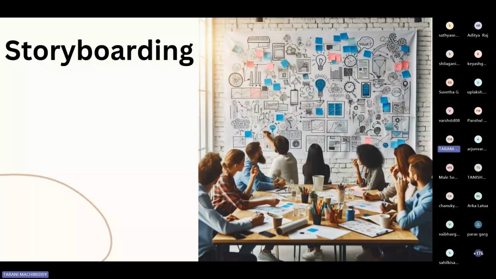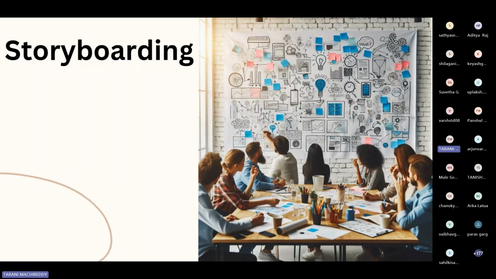So why is storyboarding important? As I told, every ideation technique has its unique character. This is important because it clarifies our vision, enhances communication, stimulates creativity, and improves organization of thoughts.